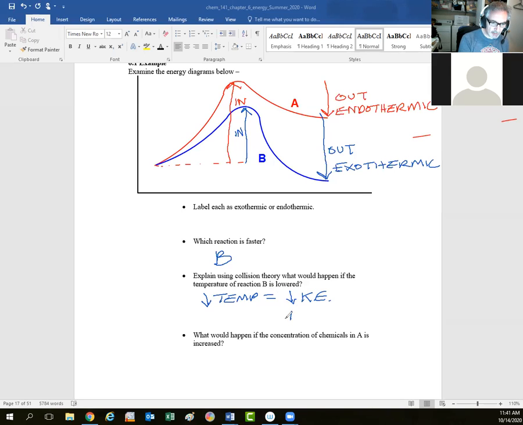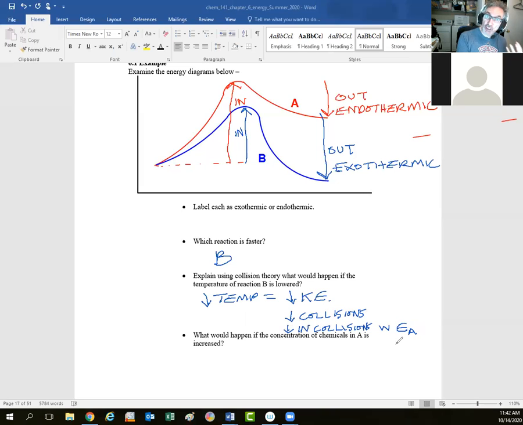We'll see a decrease in the number of collisions, but also a decrease in collisions which have the energy of activation.